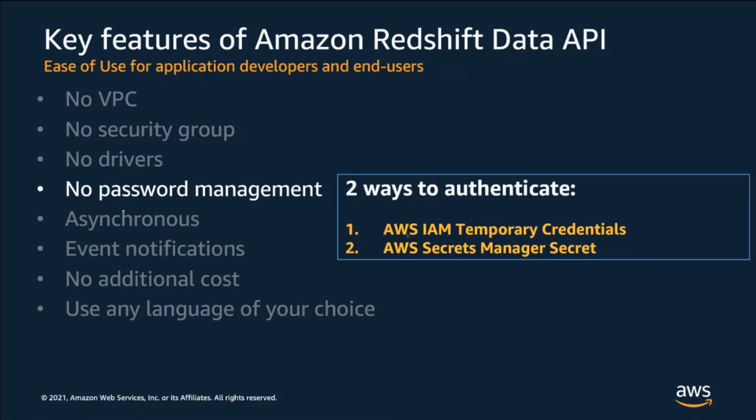Data API automatically handles retrieving your credentials using AWS IAM temporary credentials mechanism. The second one is AWS Secrets Manager, where you store your username and passwords in an AWS Secrets Manager secret and allow Data API to access those credentials from that secret in a secure fashion.